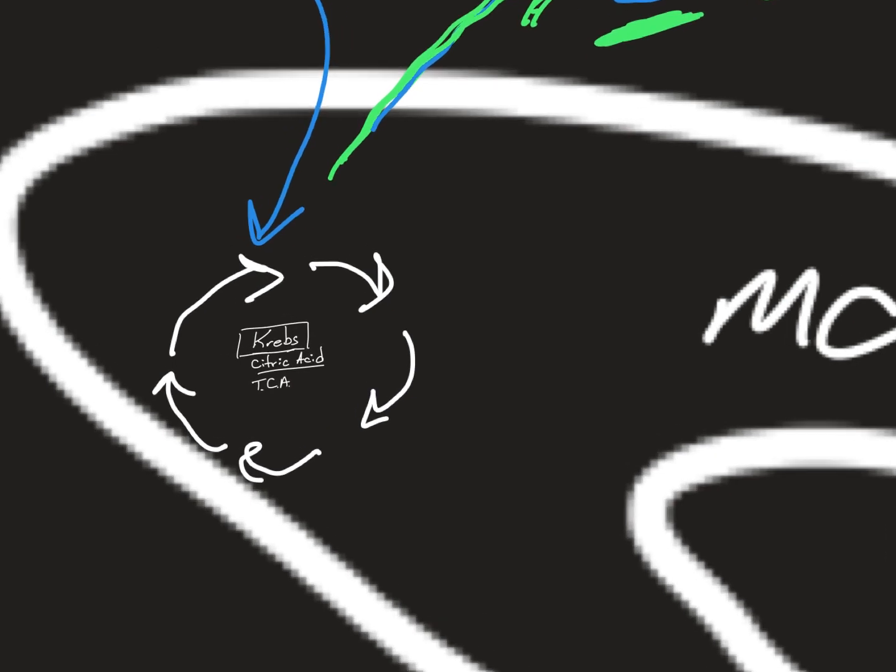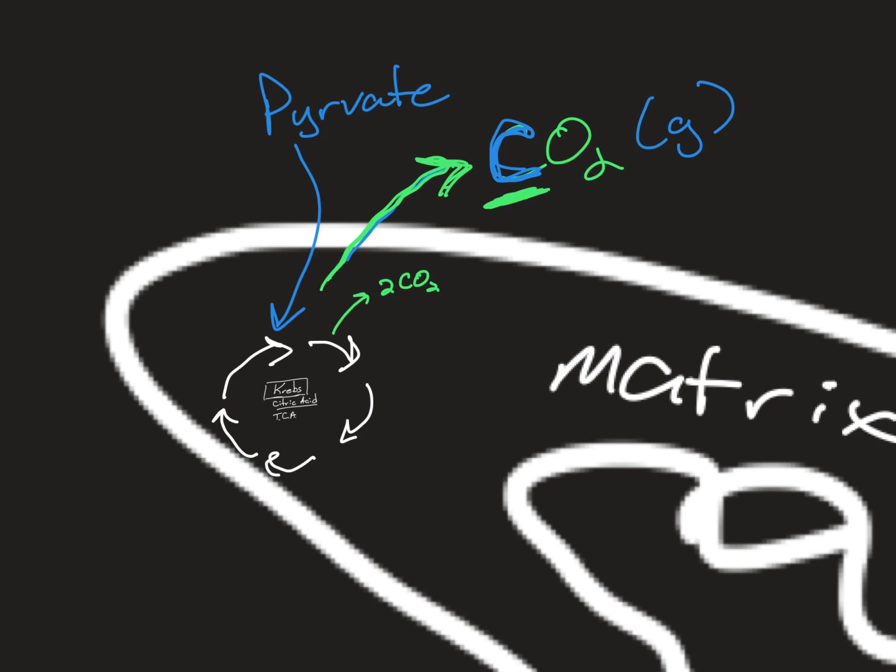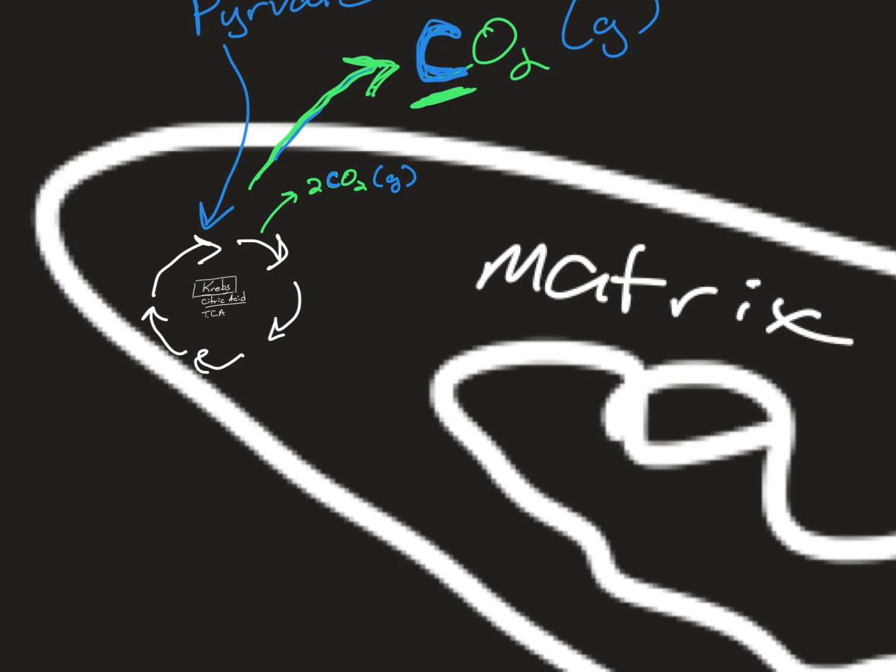So out of this comes 2 CO2s, again, for every 1 pyruvate. So now you got rid of all the carbon that you started with in pyruvate, it's gone in the form of carbon dioxide, gas. It's gone out of the system. But what you're left with is more NADH, and now you have this thing called FADH2, which are all electron carriers.